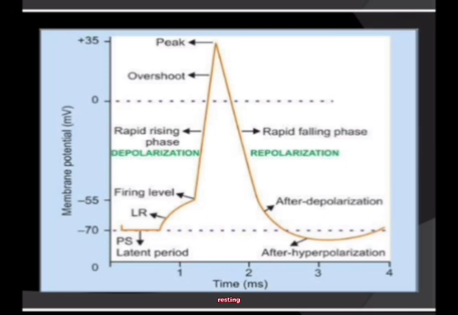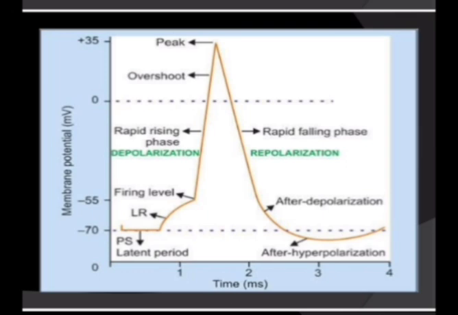resting membrane potential. You already know what this means. Here, the interior of the nerve cell is negatively charged, while the exterior of the nerve cell is positively charged. So, the nerve cell is currently at its resting state.